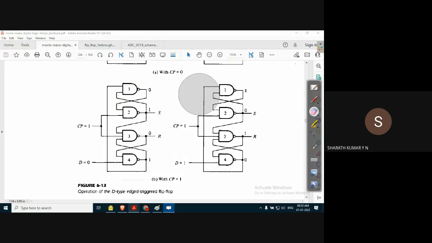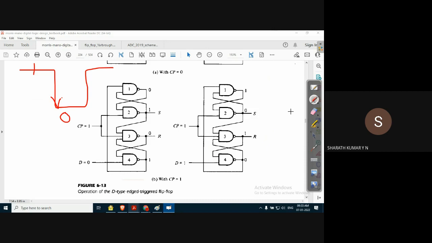Again, the same point is that the edge depends on whether it's a positive clock pulse or a negative clock pulse. For the same circuit, if it is a negative pulse, then the falling edge comes first. The clock pulse is initially 1, then 0.